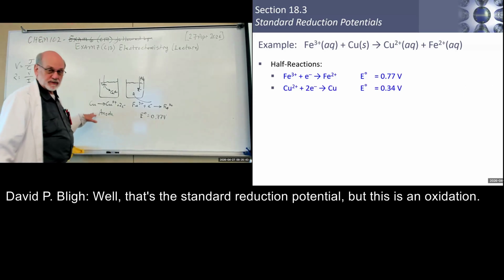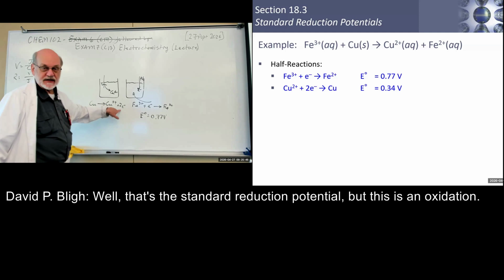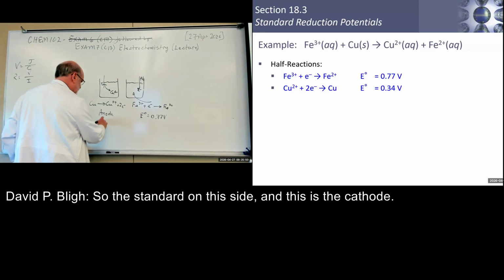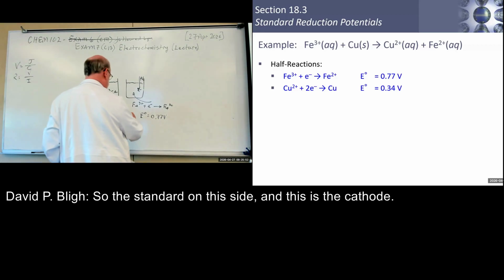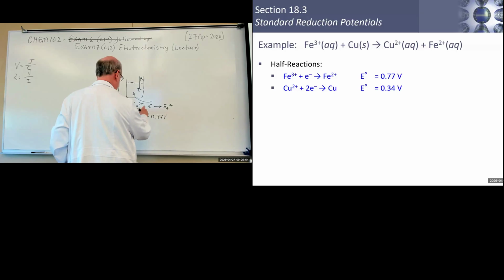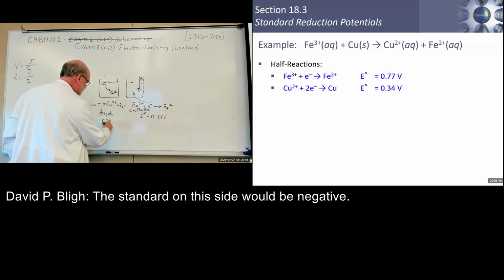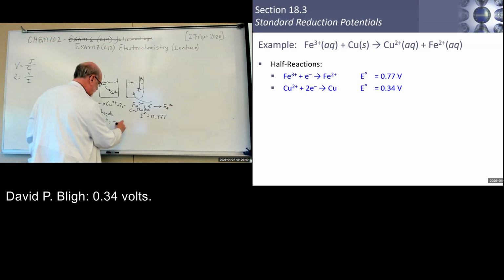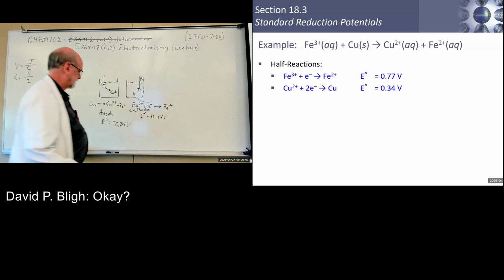Well, that's the standard reduction potential, but this is an oxidation. So we change the sign. So the standard on this side, and this is the cathode, the standard on this side would be negative 0.34 volts. Okay.